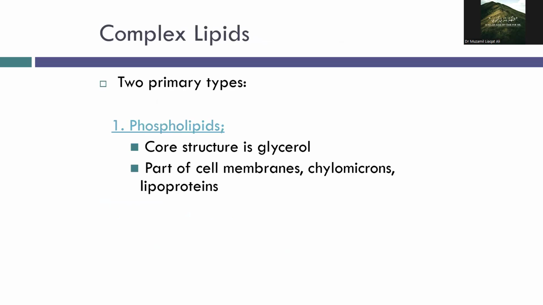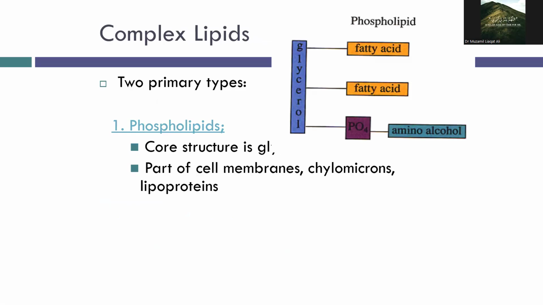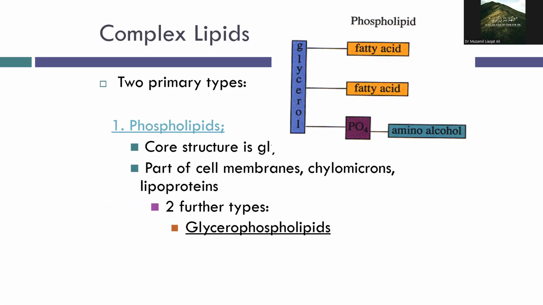There are two primary types of the complex lipid. The very first one is the phospholipids that contain a molecule of glycerol, two fatty acids, phosphate, and amino alcohol. It can be further classified into glycerophospholipids and sphingophospholipids.